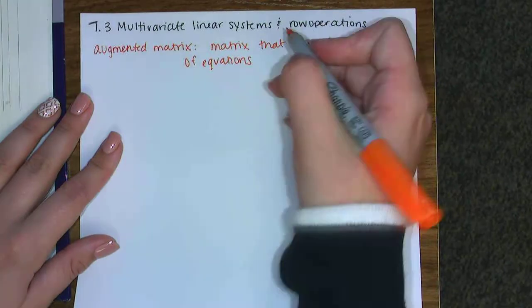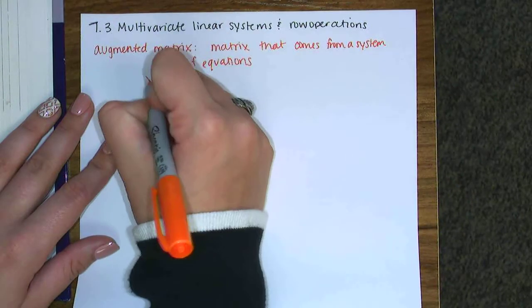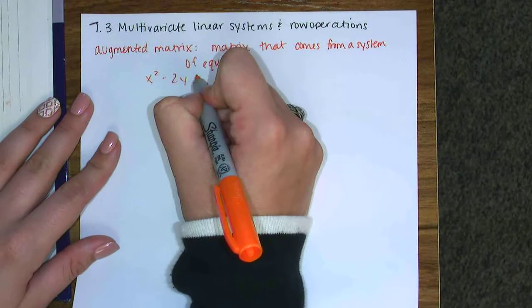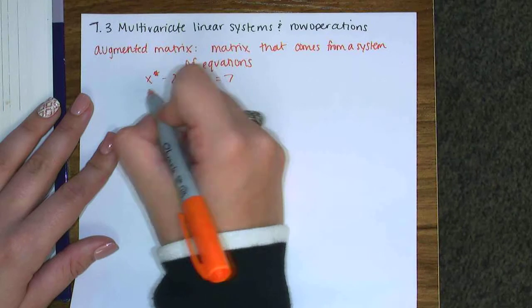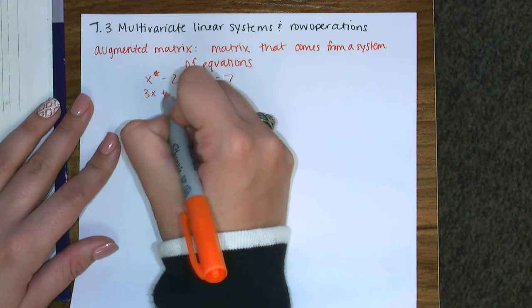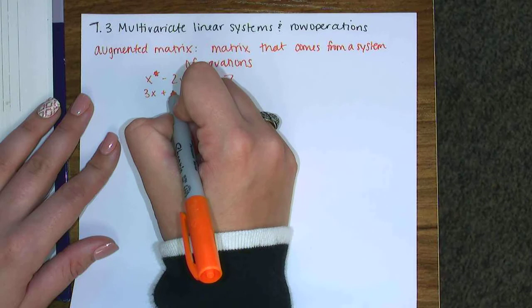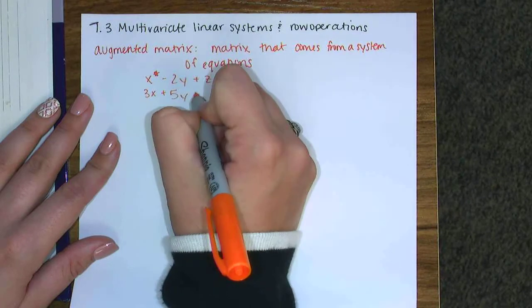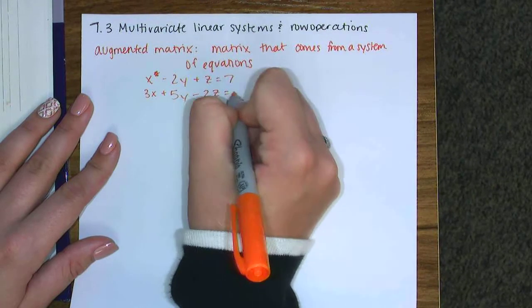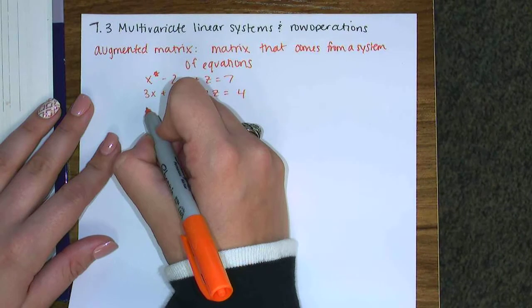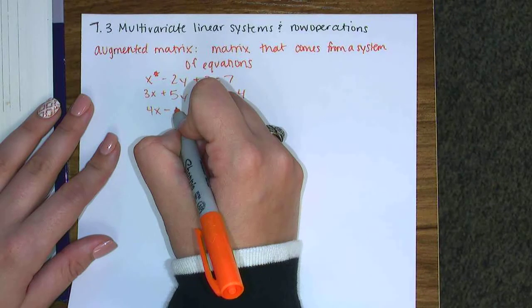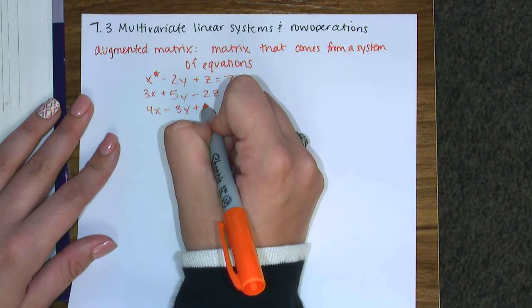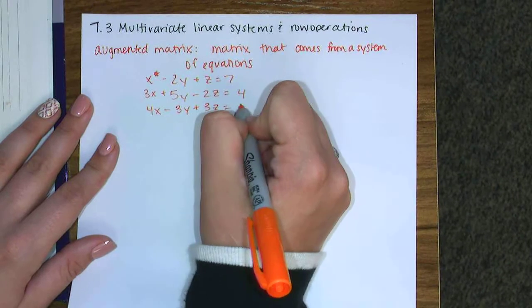And by this I mean something like, if you have x minus 2y plus z is equal to 7, 3x plus 5y minus 2z is equal to 4, and 4x minus 3y plus 3z is equal to 2.